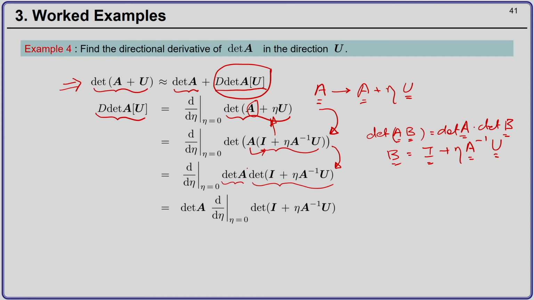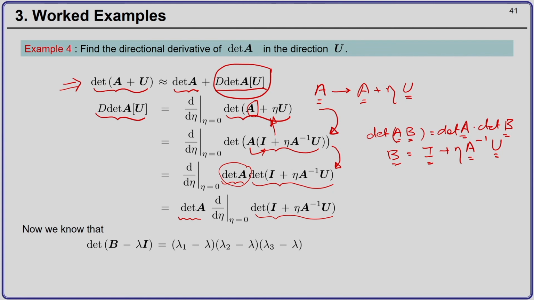Now, determinant of A is independent of eta, so it can be taken outside the bracket. Only the second determinant is dependent on eta. So, we have d by d eta of determinant of I plus eta A inverse u evaluated at eta equal to 0.